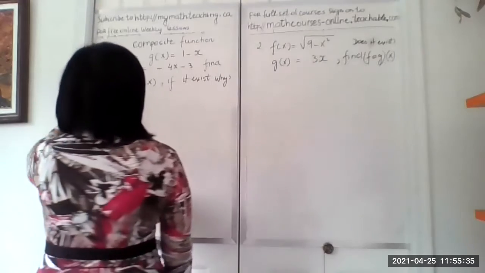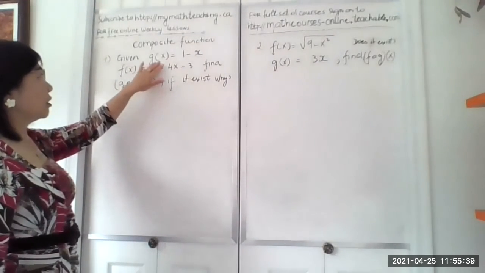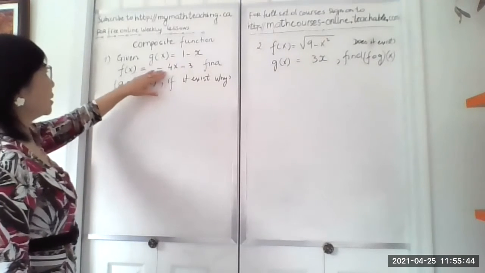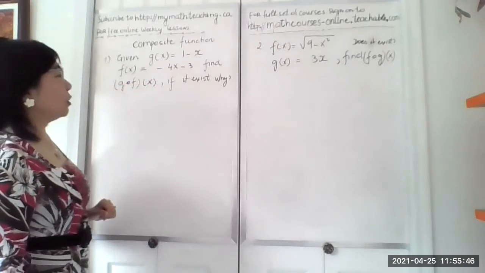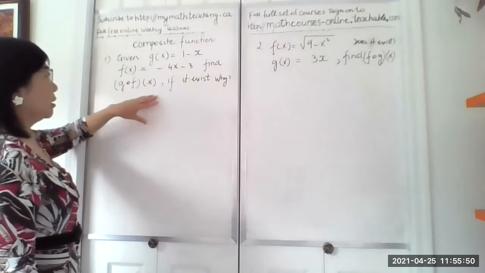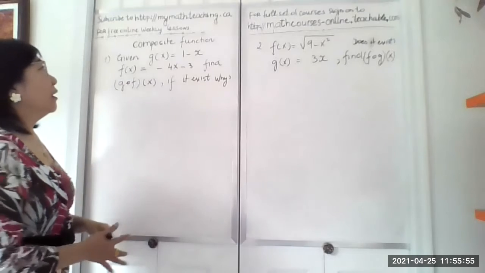On the board, I have question 1 here. Given g of x equals 1 minus x, and given f of x equals minus 4x minus 3, find g of f of x if it exists, and why.